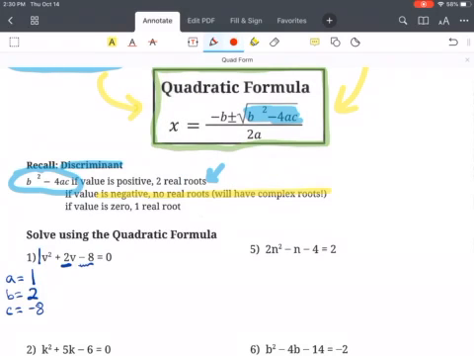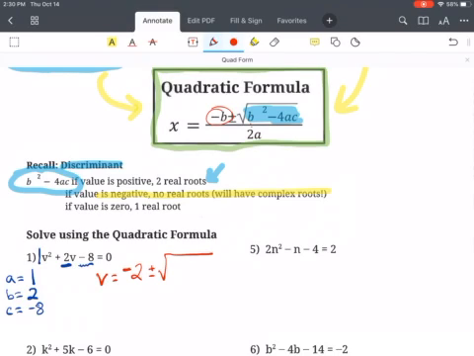So x, in this case it's v, but it's the same thing. v equals negative b, so negative 2, plus or minus the square root.